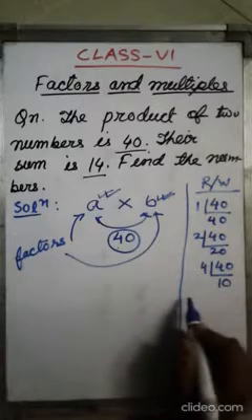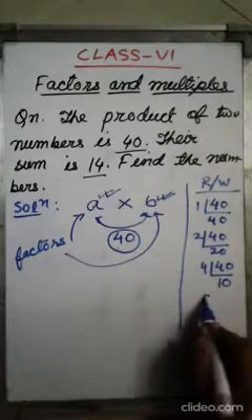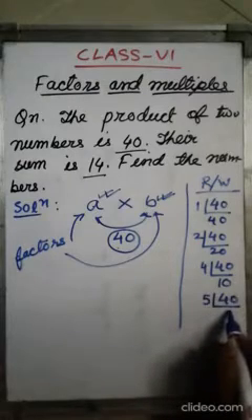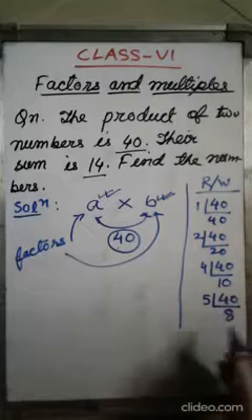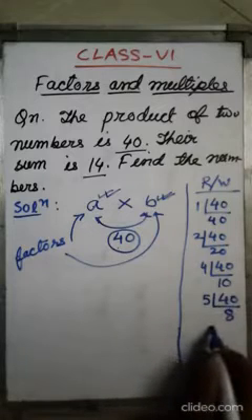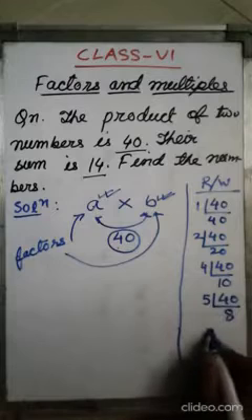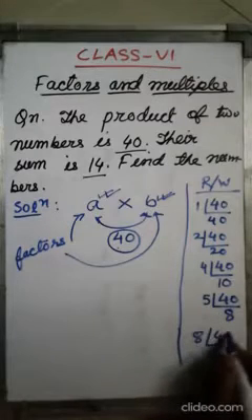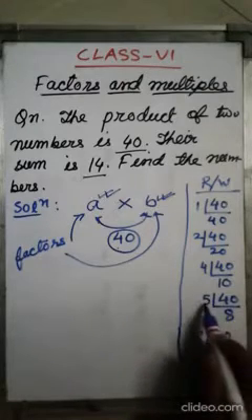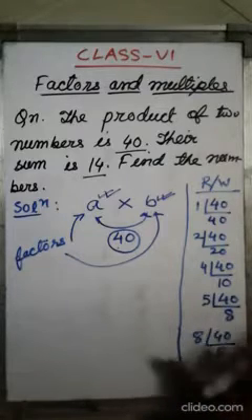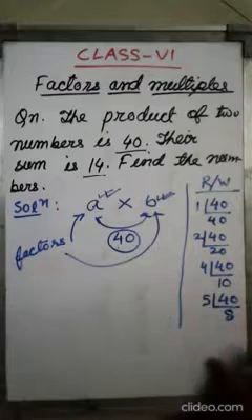So here we get 10. If I divide 40 by 5, we get 8. 6 we cannot divide, 7 we cannot divide, 8. But this is repeating, 5 into 8, 8 into 5. So we shall stop our calculation here itself.